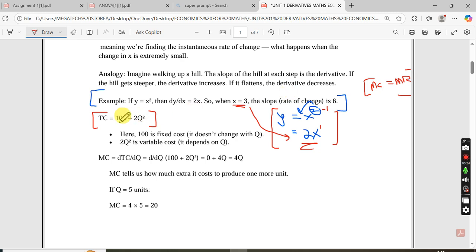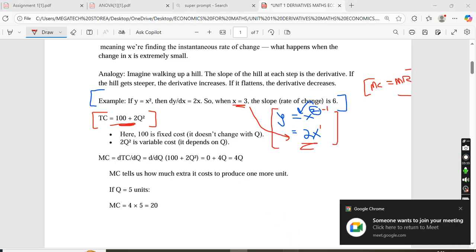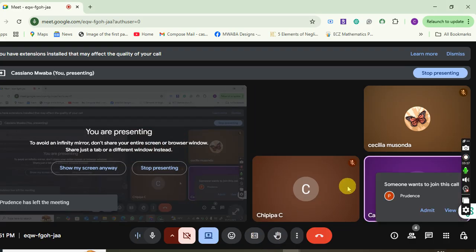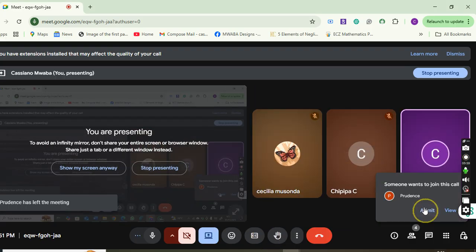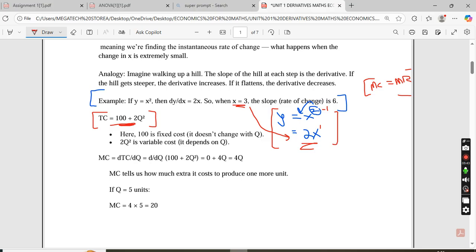If you're given a total cost function like this and you want to get the marginal cost, it means you need to derive this total cost function. When deriving, remember any number that doesn't have a letter disappears. And the good thing about it is you don't need to show how it disappears, it just disappears.